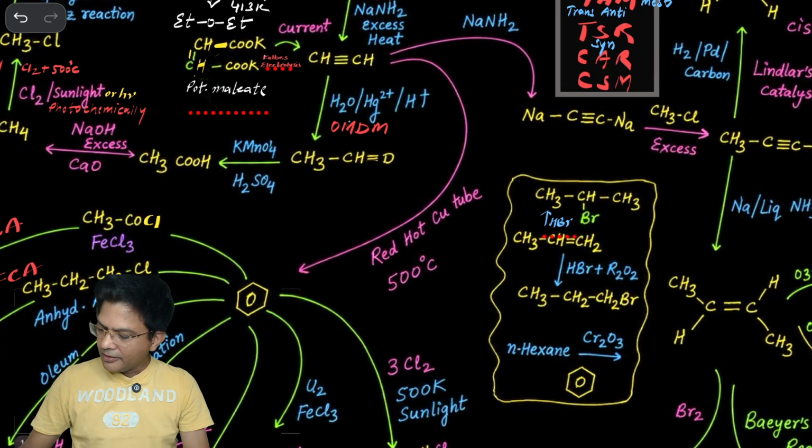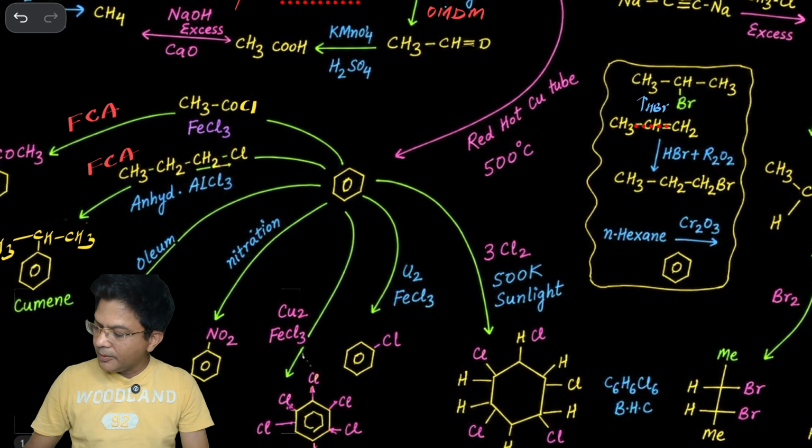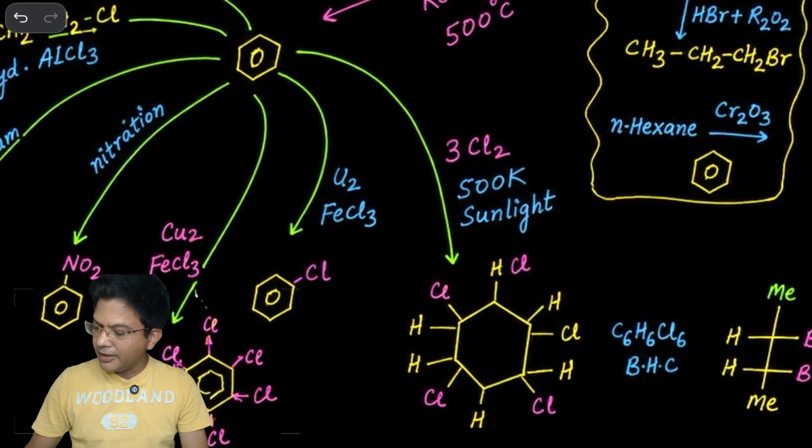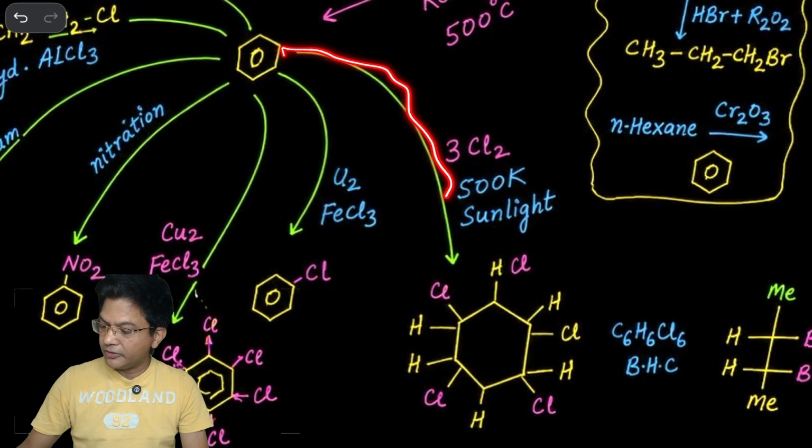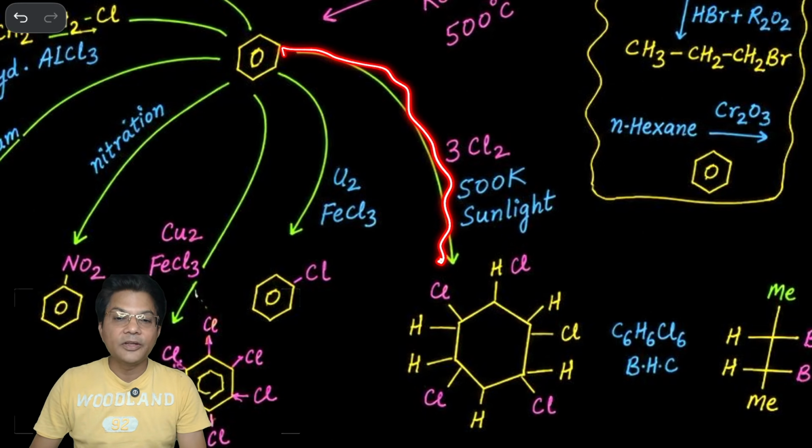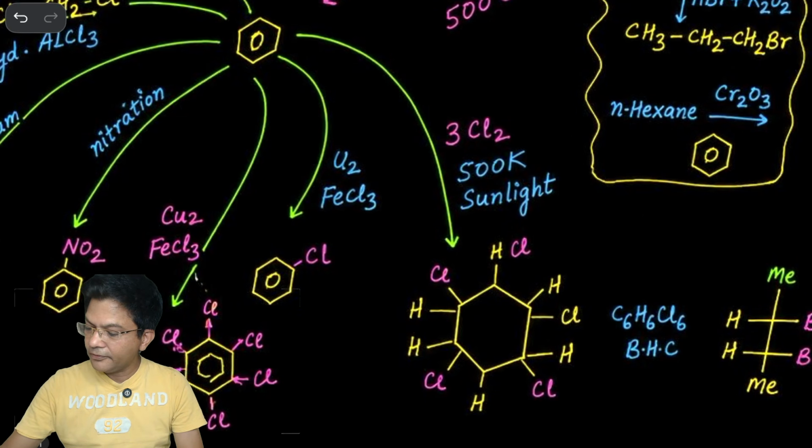Now let's see the benzene. The most important reaction of benzene is this one. Just see, this compound is having 6 chlorines. Sir, I can only see 4. No, my dear friend, just check it out. 4, 5. Oh, even I can see only 5.